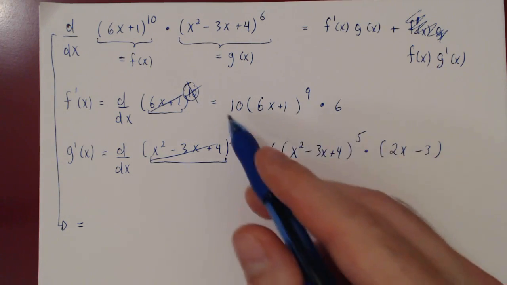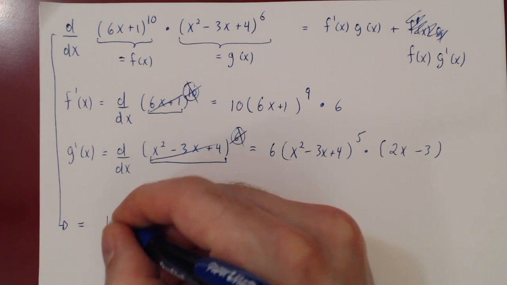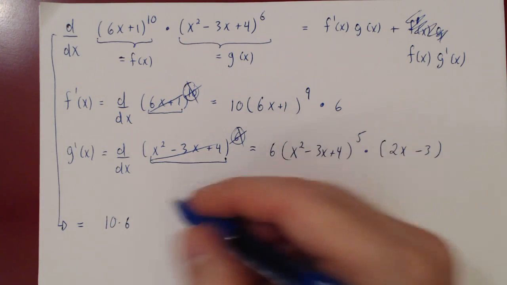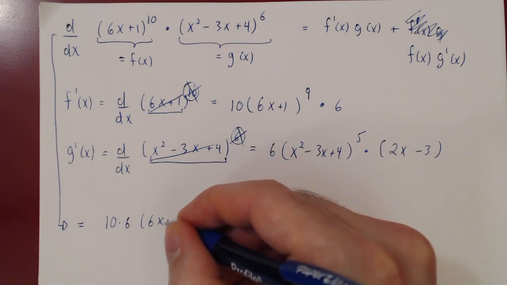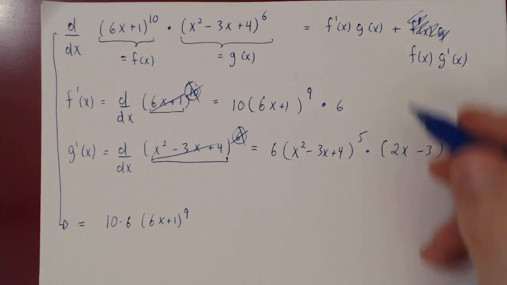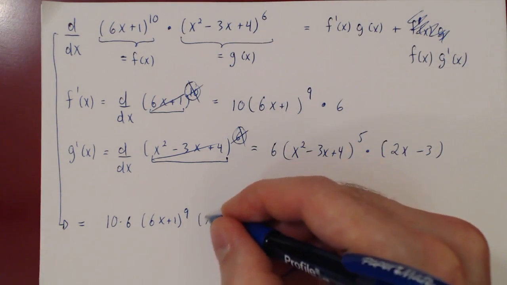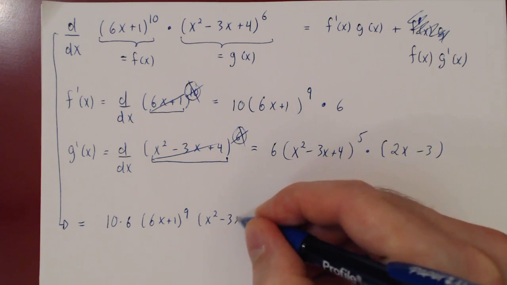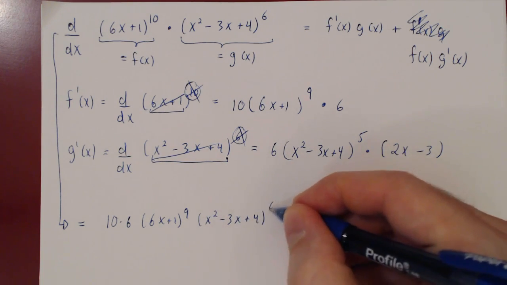So f prime of x, we'll write 10 times 6 times (6x plus 1) to the 9th power. That's f prime of x times g of x: (x squared minus 3x plus 4) to the 6th power.